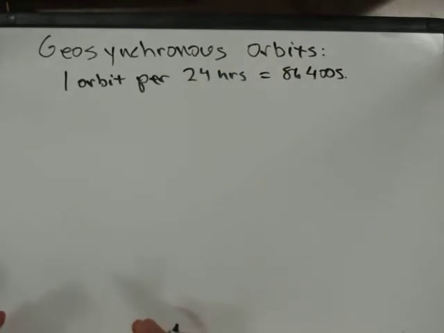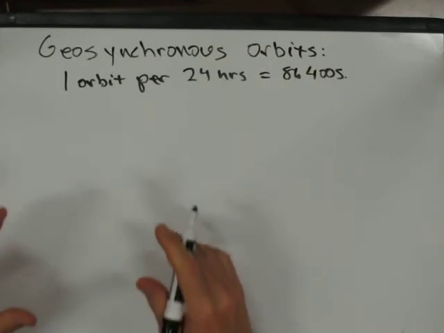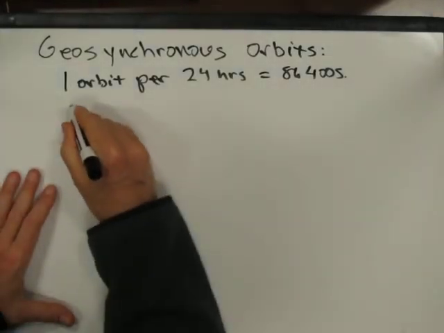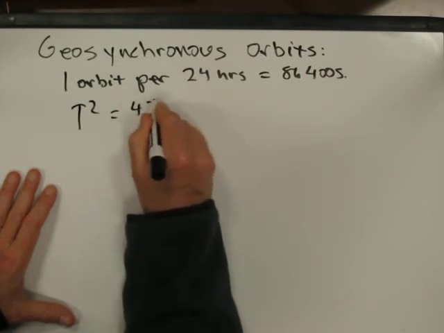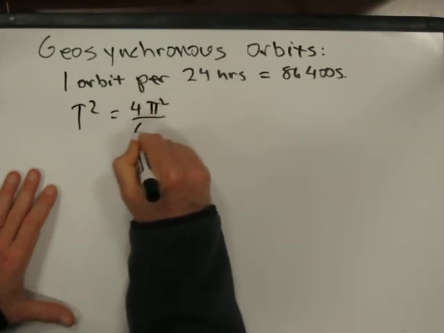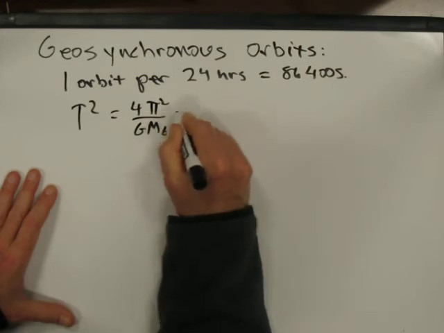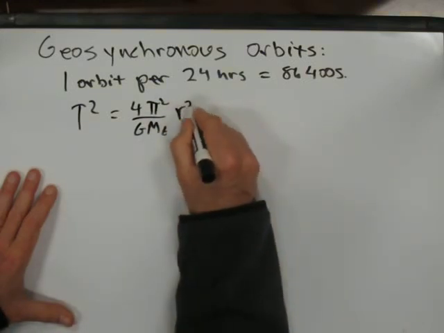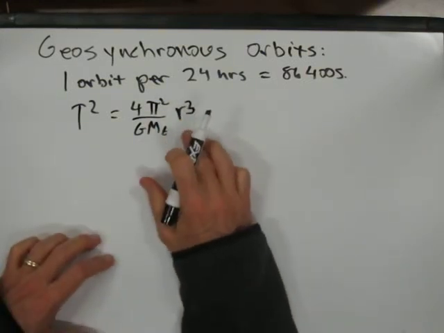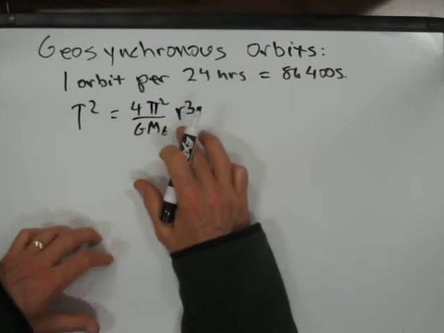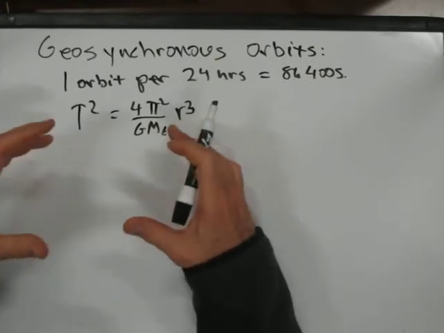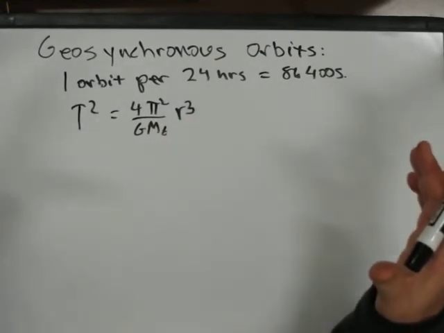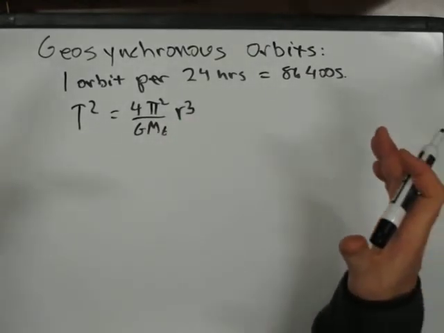So we saw just a minute ago the square of the period is equal to 4 pi squared over G times the mass of the Earth times the radius cubed, right? And so this says as your radius gets bigger, your period gets bigger. And so the outer planets have a much longer orbital period than the inner planets.